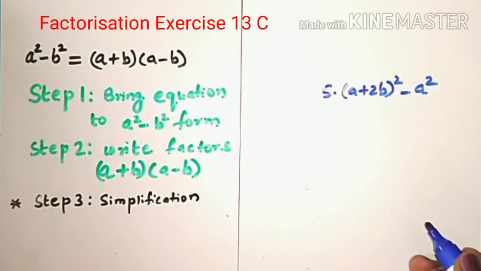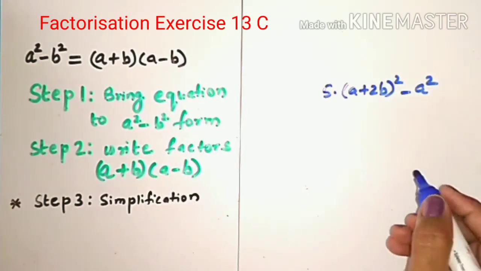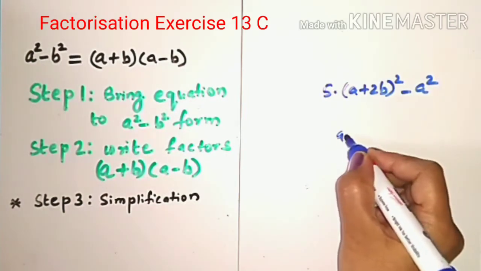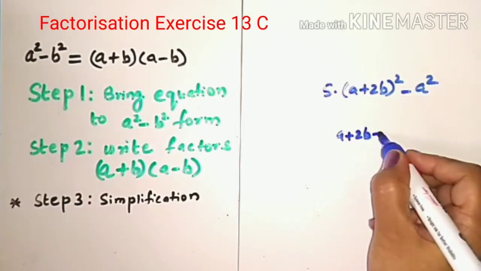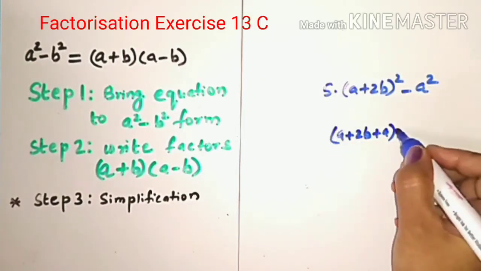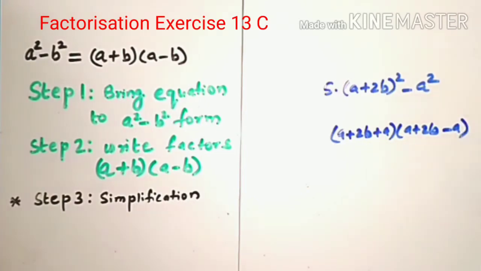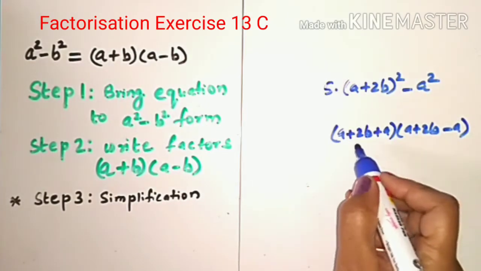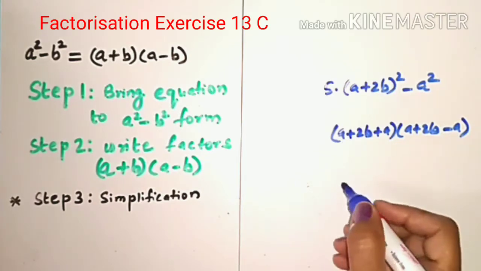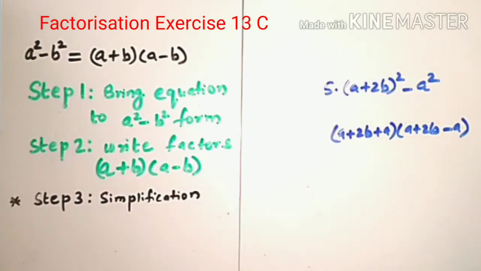Fifth sum, it is already in a square minus b square form. So next step is writing the factors. We will write (a plus 2b) plus a in one bracket, (a plus 2b) minus a in second bracket. First bracket has like terms a and a, so it needs to be simplified further.